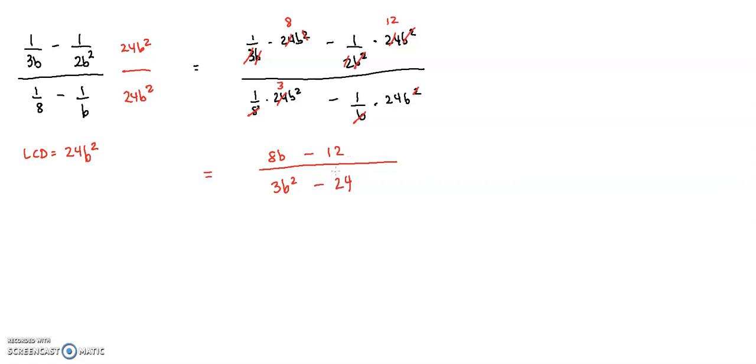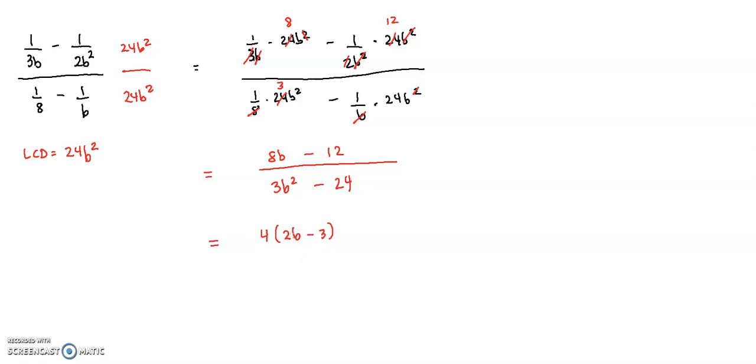Okay, so that's what we're up to so far. That looks great. We got rid of all of our denominators, which is what we needed. And the last thing that we should do: we don't have any like terms to group. Remember, we can't cancel these b's because we're over addition and subtraction now. But we should look to see if we can factor anything because we might be able to get more to cancel out. So on top, we've got a common factor of 4, and we're left with 2b minus 3.